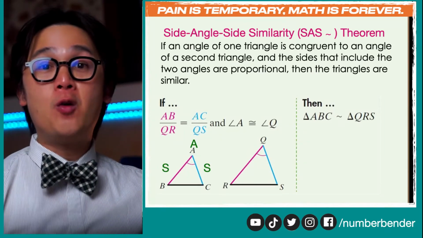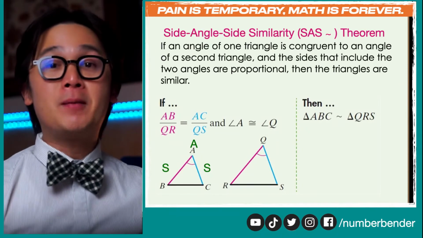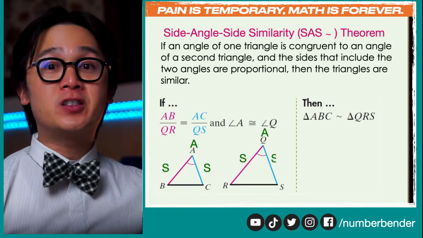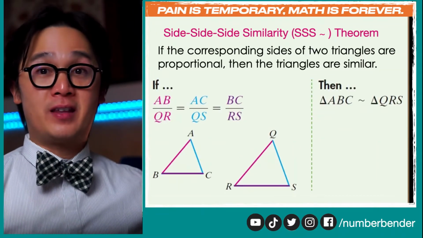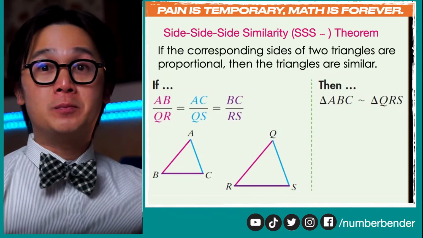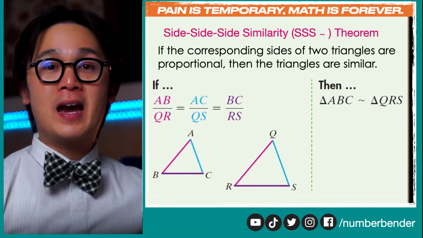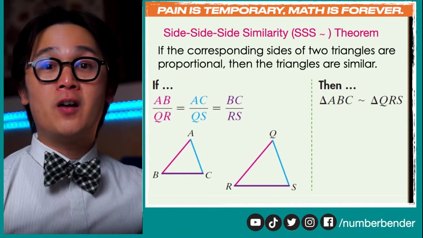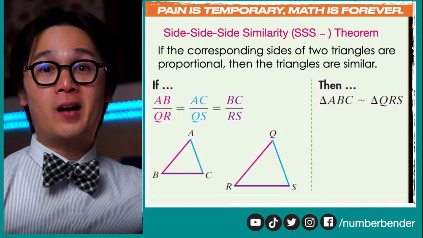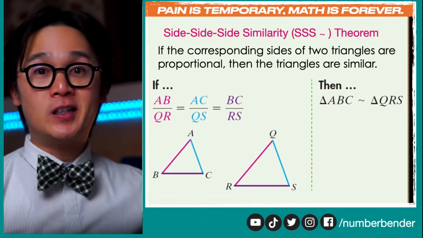So this is how we use the side angle side theorem to be able to show that two triangles are similar. And the other theorem that we're going to be using today would be the side-side-side similarity, which is showing that if the corresponding sides of our side lengths are proportional, then those two triangles are considered to be similar.